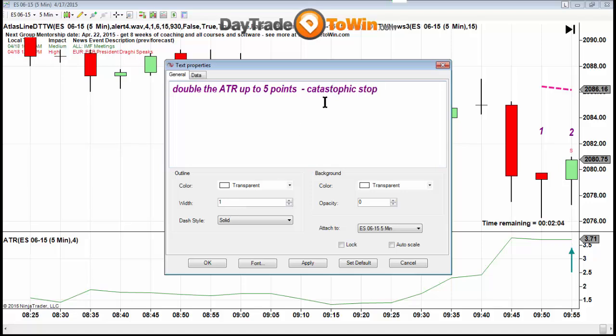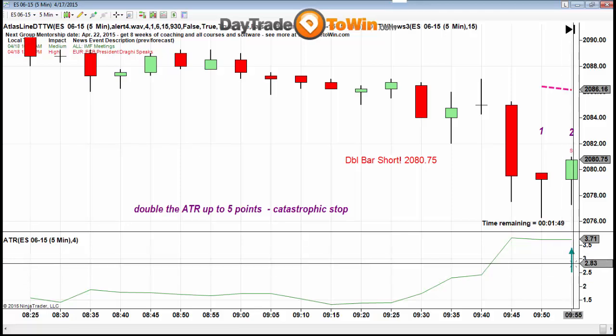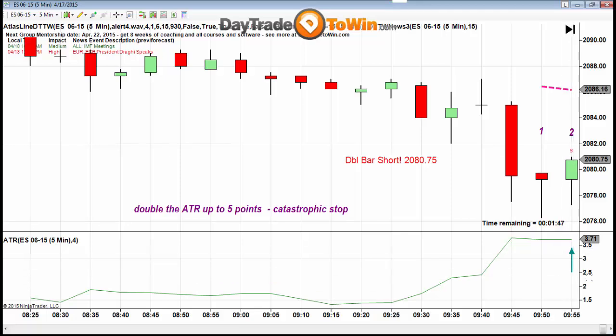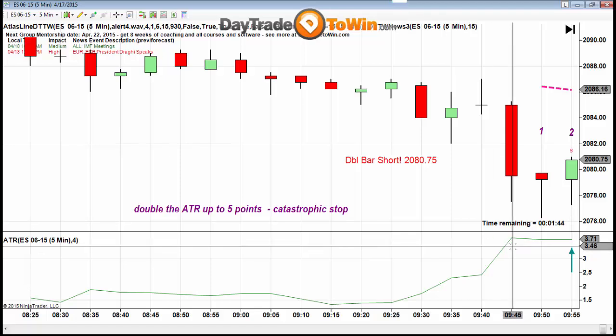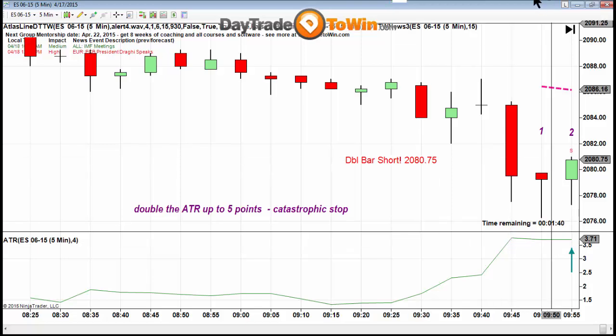That means that if I enter short and right away the news or something positive in the world occurs and everybody buys, the maximum that I'm going to risk is, and every trade is different, I'm going to double this value, maximum of 5 points. So in this case, 5 points.